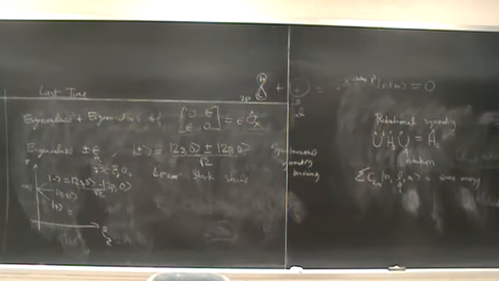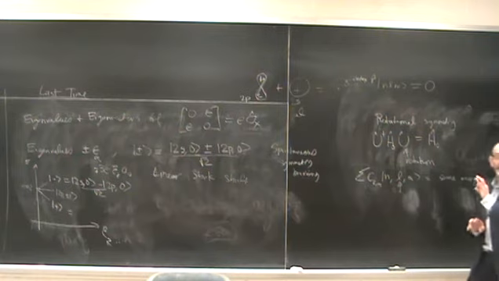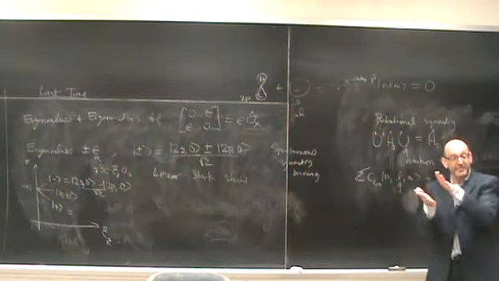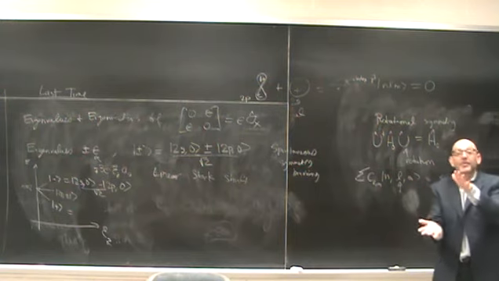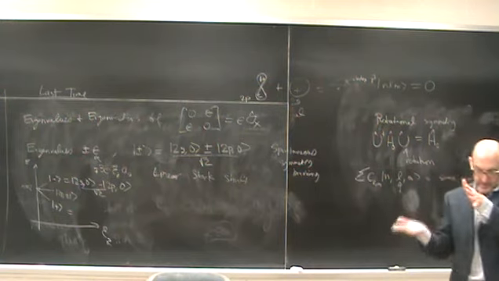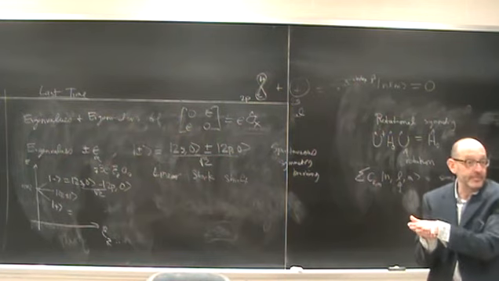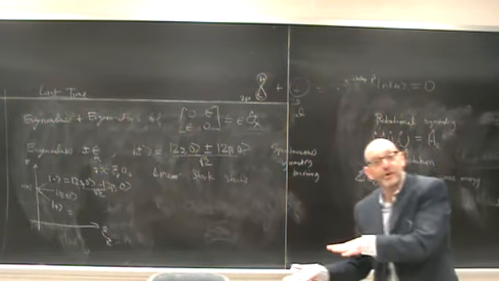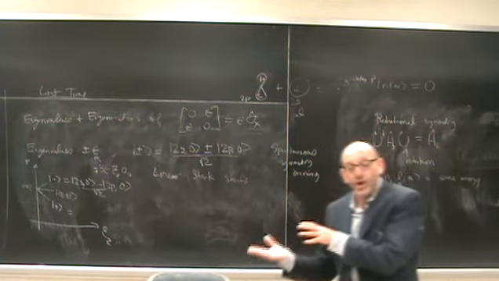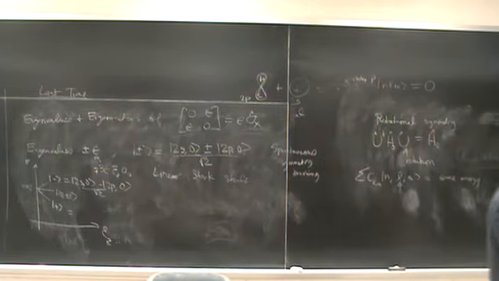So that's a generic feature of perturbation theory. If you have degeneracies, and those degeneracies are not accidental degeneracies, they're arising because of symmetries, and you put on a perturbation that doesn't share that symmetry, then you will generally break the degeneracy.